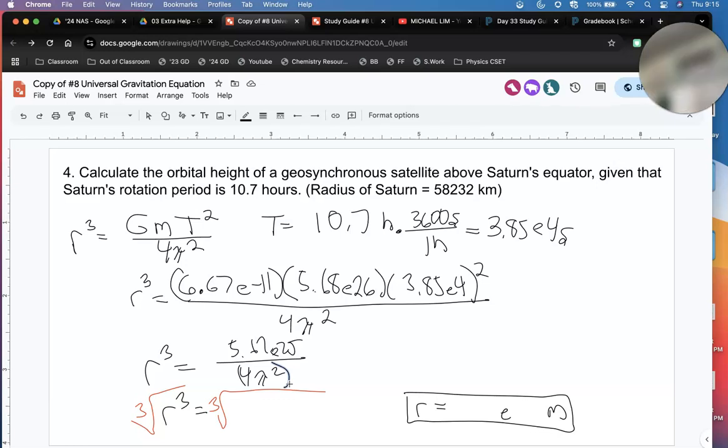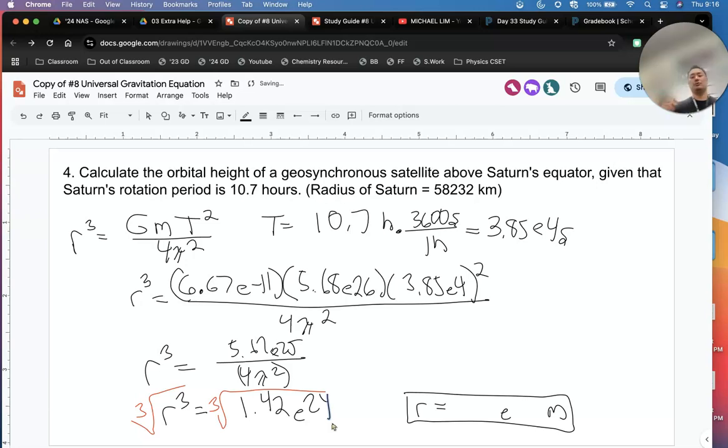So you have to put in parentheses 4 times pi squared, and then hit enter. Say the whole thing. Good. Correct. All right, almost done.